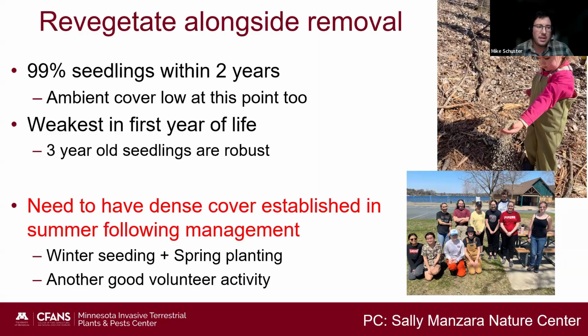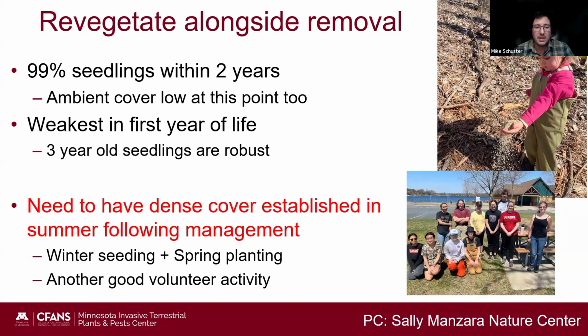And the chances of survival are very low in the first year and the second year. But by the time they get to 3 years old, they're pretty well established and robust. So if we're going to outcompete them, our best chances are when we do that in the first couple years of life.